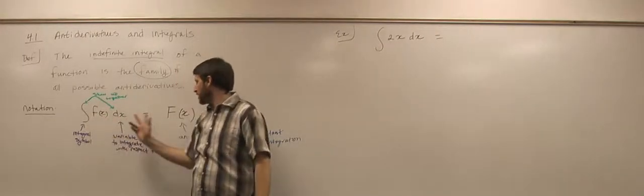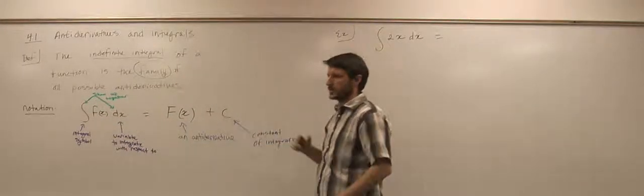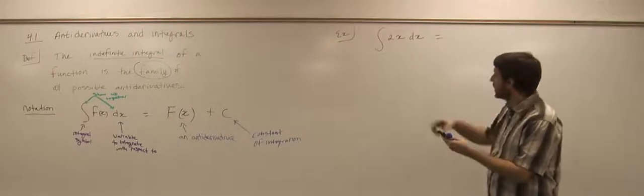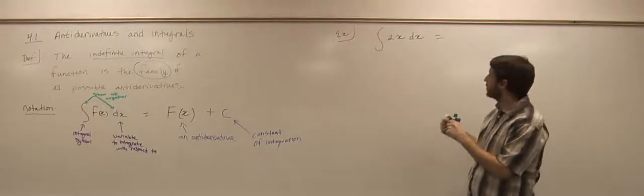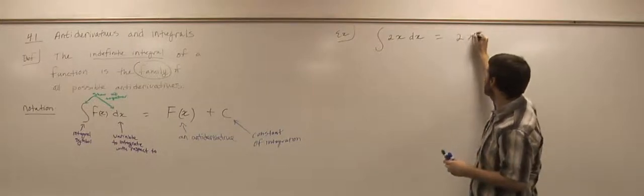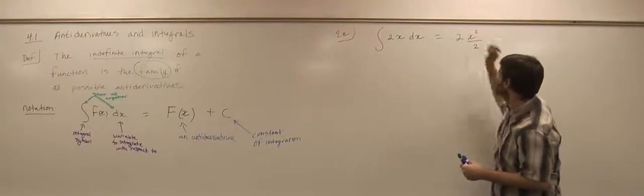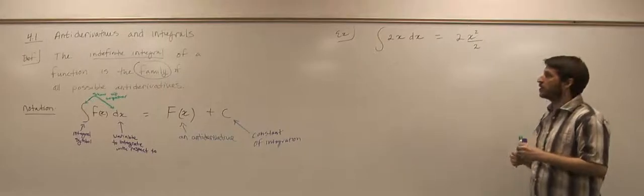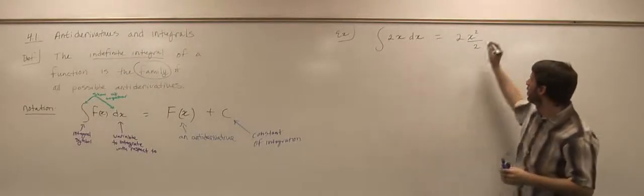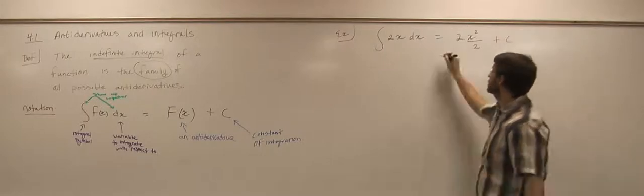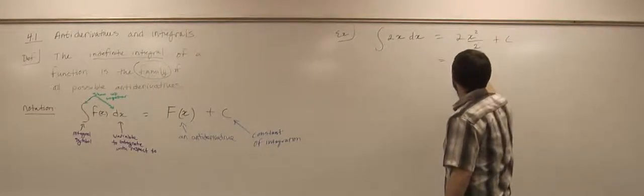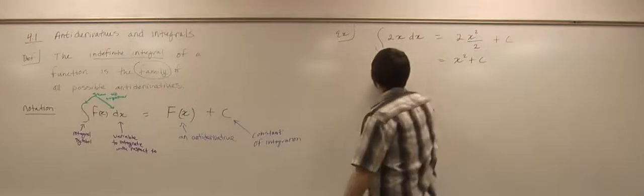So the integral is an antiderivative plus a constant. The antiderivative says you do your power rule, leave the 2 alone, but then add 1 to the power and divide by it. But since it's an indefinite integral, you add a constant. So after simplification, you get this.